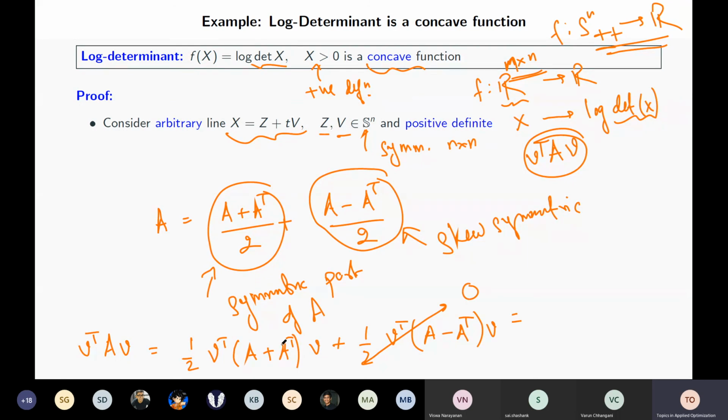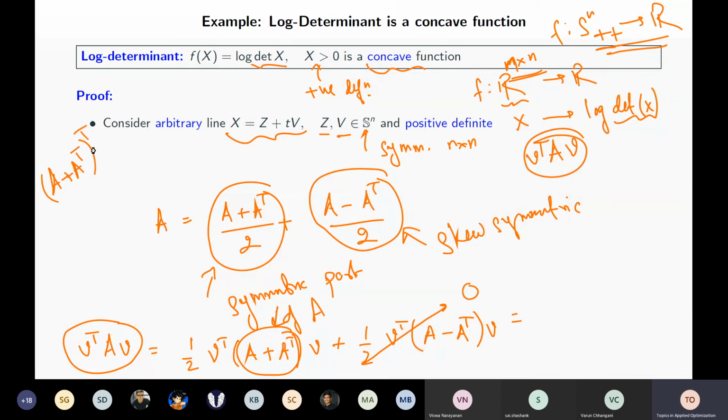If you go by the usual definition of positive definiteness, when you're testing V transpose AV, you are testing it ultimately for the symmetric matrix only, because the non-symmetric part cancels, and A plus A transpose is a symmetric matrix, right?